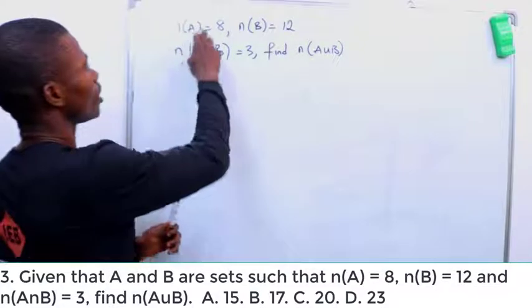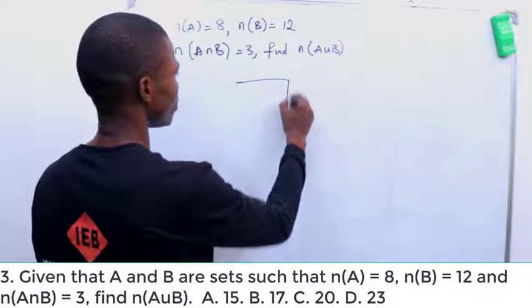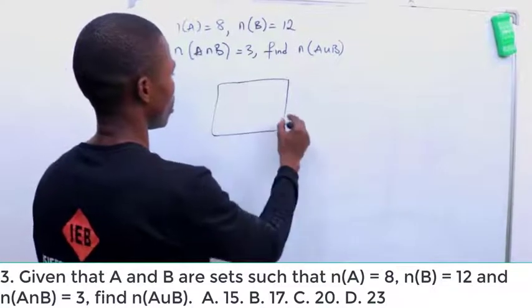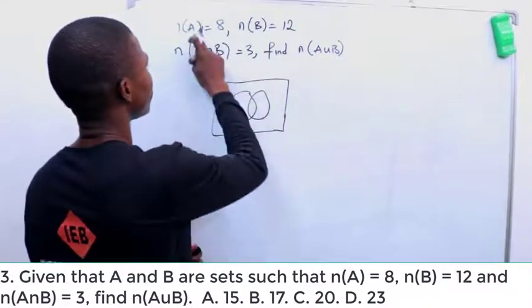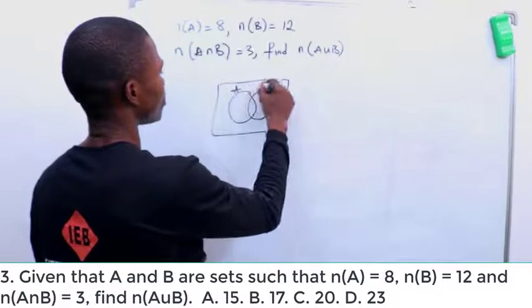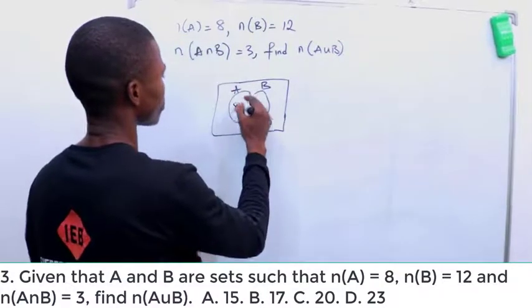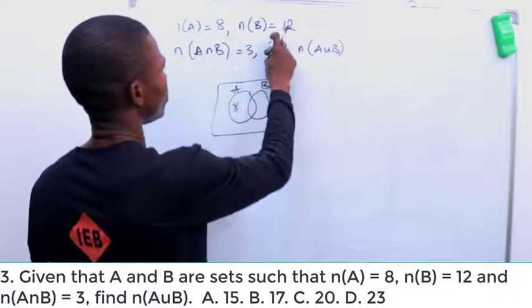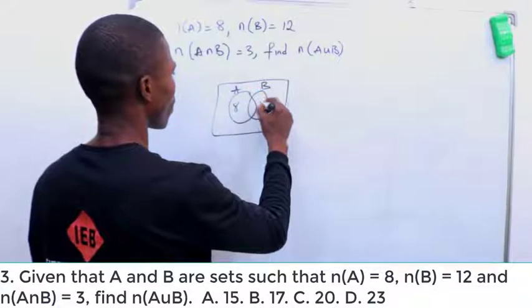Okay, so here we solve this by using a Venn diagram. So let's say this is a Venn diagram. This is set A, this is set B. The number of elements in A is 8, while the number of elements in B is 12.